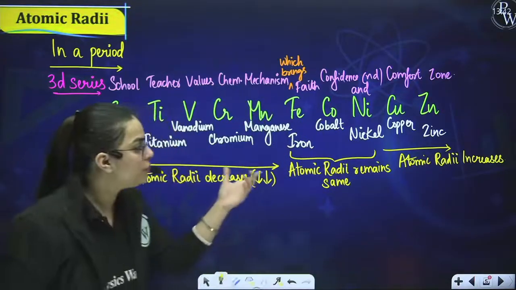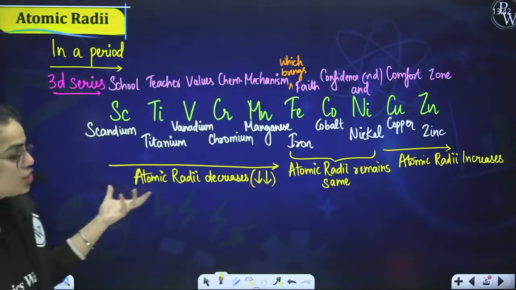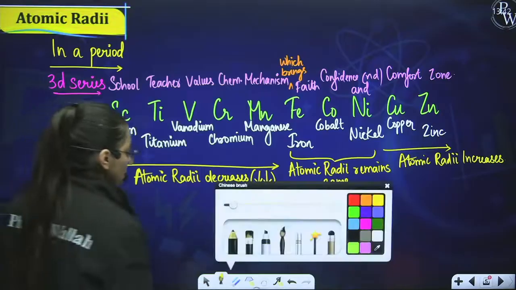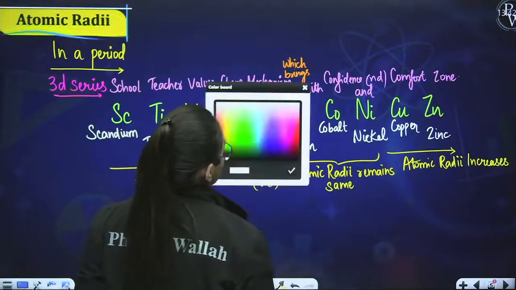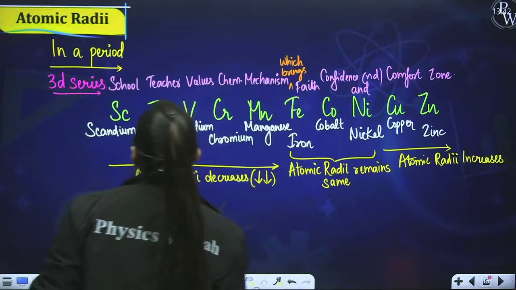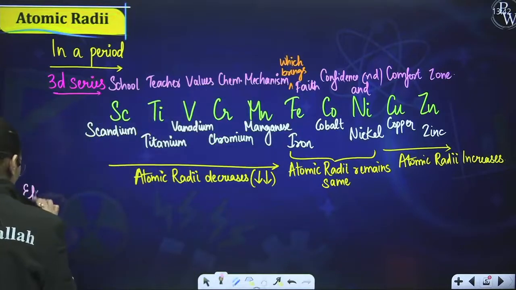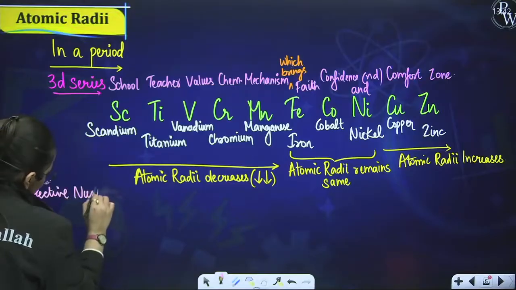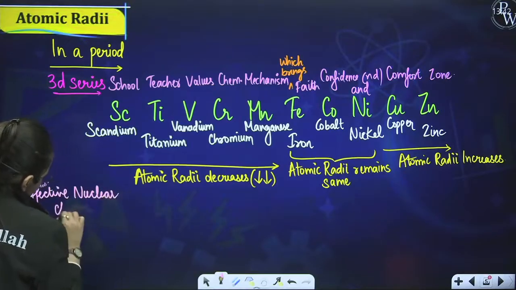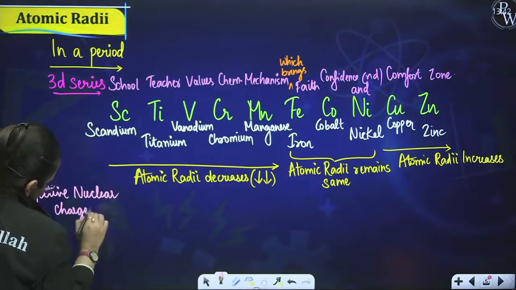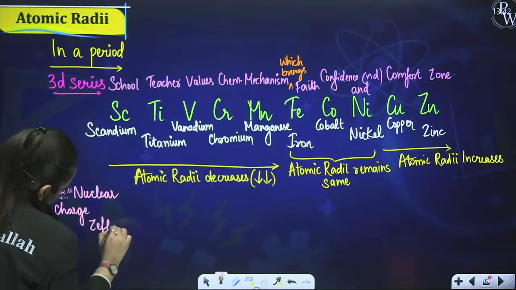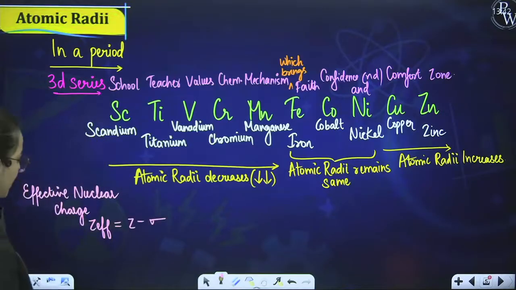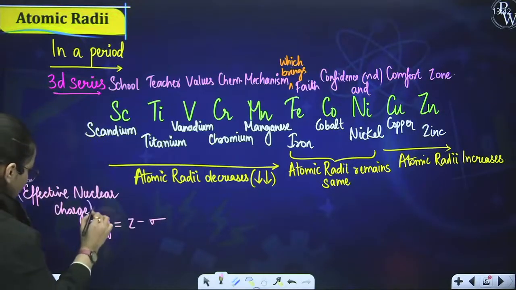Now what is the responsible phenomenon for this change we are observing in the D block elements? For that, there is a term that is effective nuclear charge. Effective nuclear charge is referred to as Z effective, and it is equivalent to Z minus sigma.